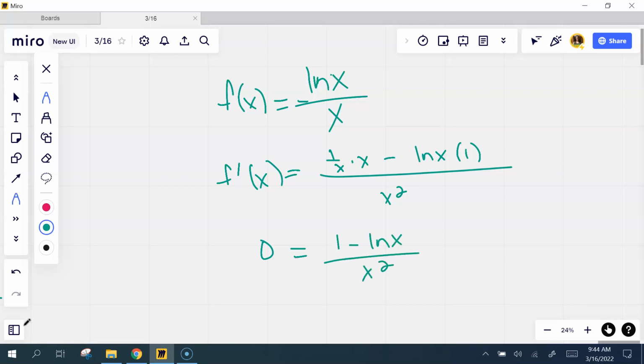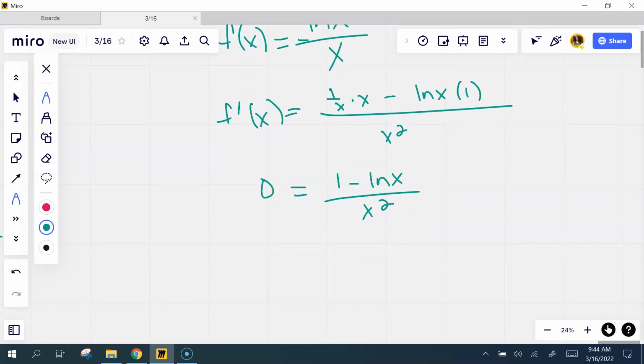I'm not worried about where the bottom equals 0. That's going to be an undefined point. I'm looking at where does the top equal 0 to make this fraction 0. So 1 minus log x equals 0. So where does this happen? At e. Change the form there, right? E to the first equals x. So at x equals e.